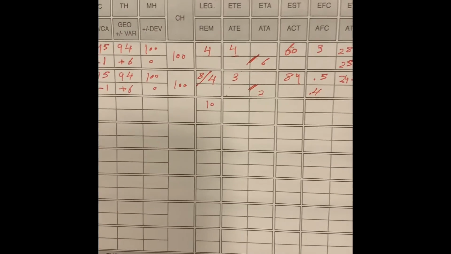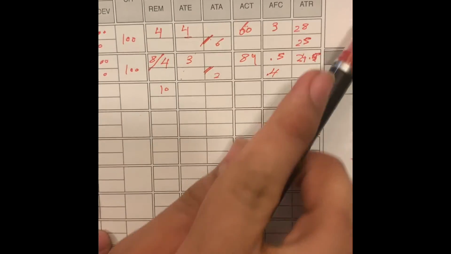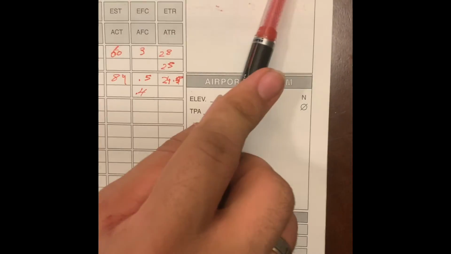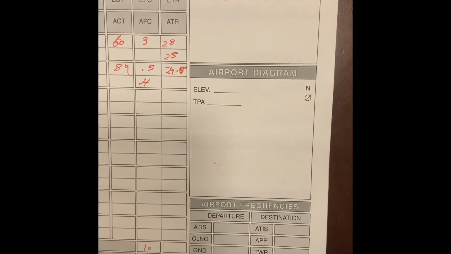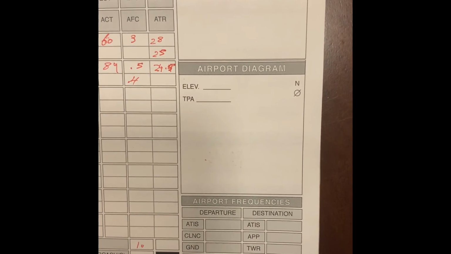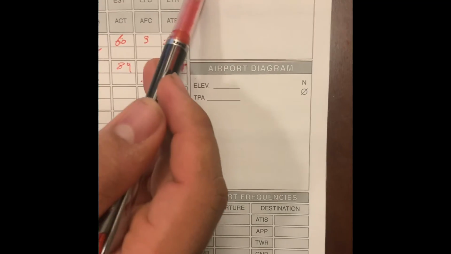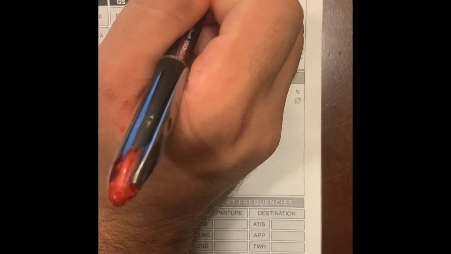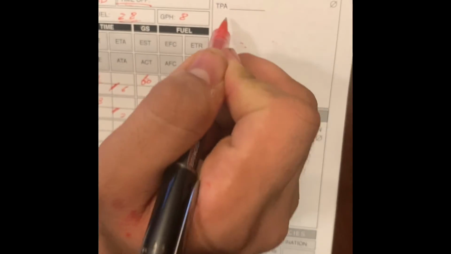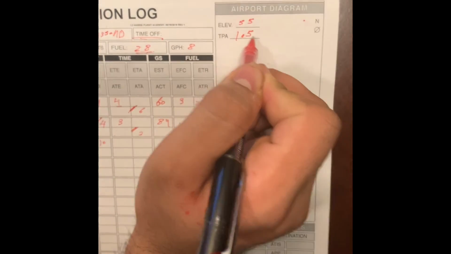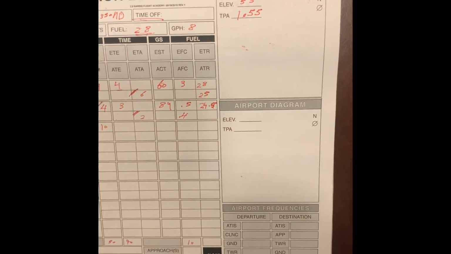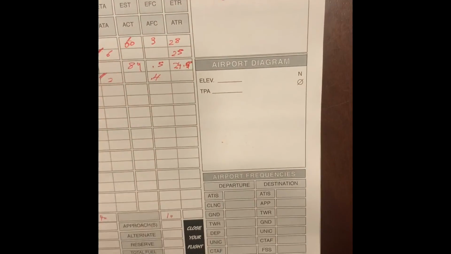On that side here, that is our airport of departure, which is Stanford. You can draw the diagram of the airport here and put the elevation and traffic pattern altitude. Our elevation is 55 and our traffic pattern elevation is 1,055 feet.